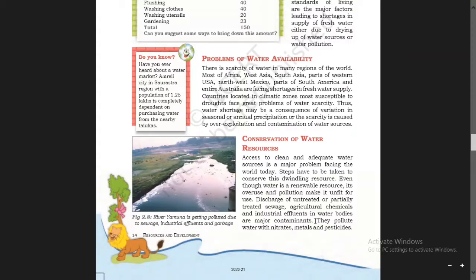And industrial effluents. In the industries, whatever dirty things flow into the water bodies are major contaminants. They pollute water with nitrates. Nitrates means a chemical compound, metals and pesticides. So they pollute water with nitrates, metals and pesticides.